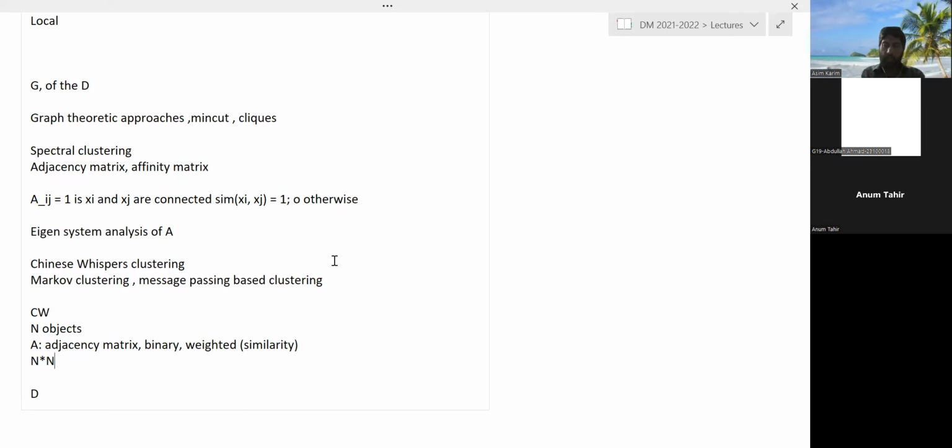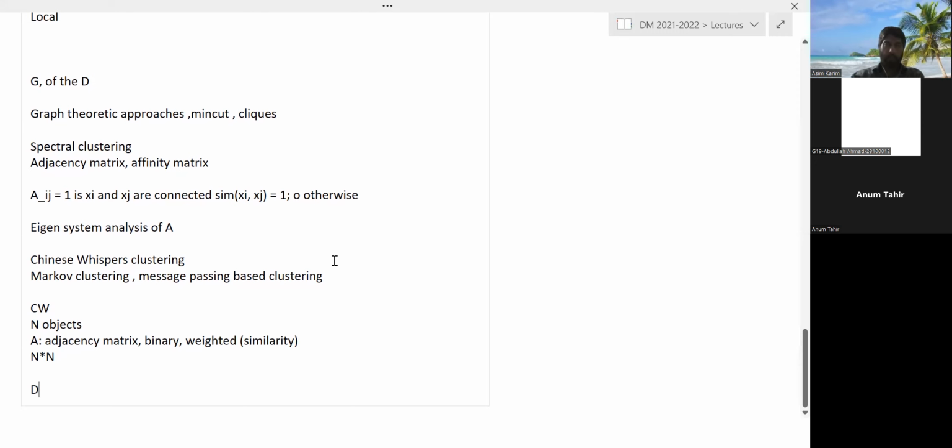If it is a directed graph, then the similarity from x1 to x2 may be different from the similarity from x2 to x1. Of course, it wouldn't be similarity as we defined it; it would be some other concept, but it can still work on directed graphs as well. Okay? So that's a good positive of graph-based algorithms.